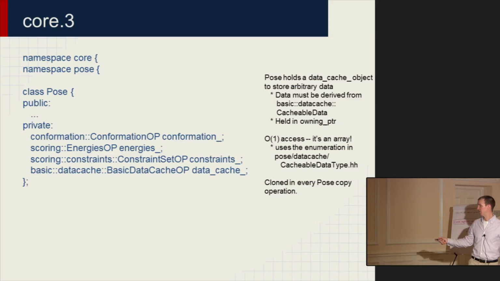And so that's why this has to be fast. If you put data in the data cache, though, you watch out because it gets cloned every time you do a pose copy operation. And so if it's a lot of data, if cloning is a slow operation, then this can slow down a protocol.